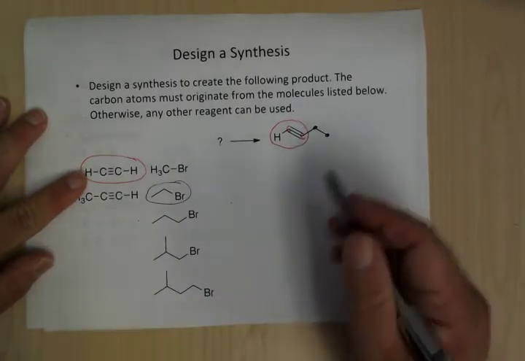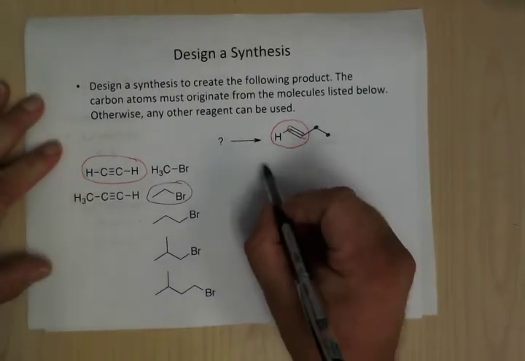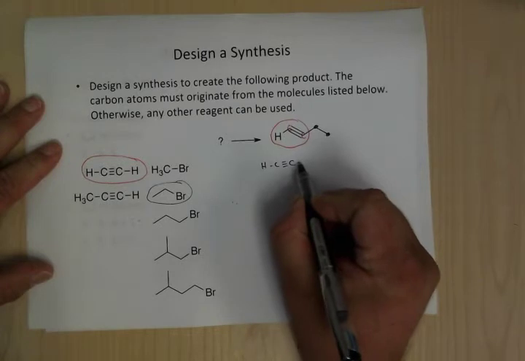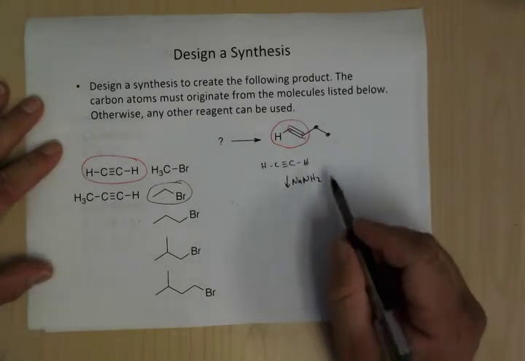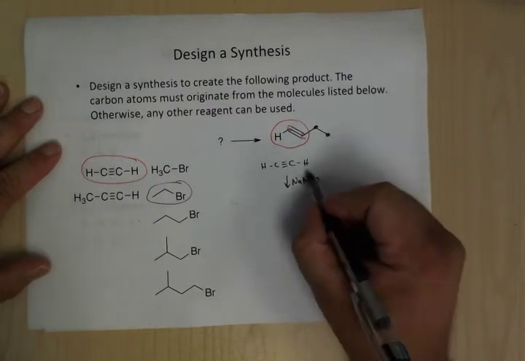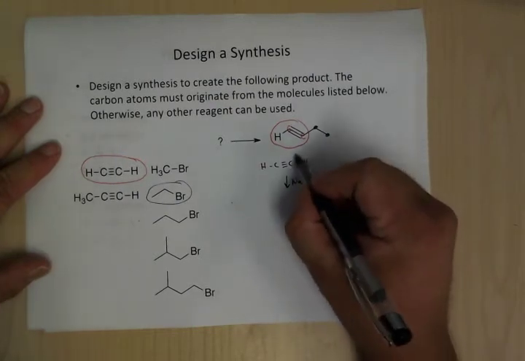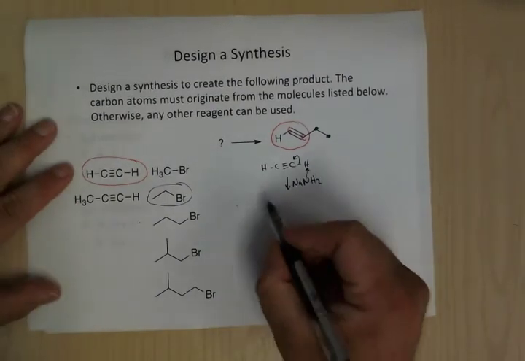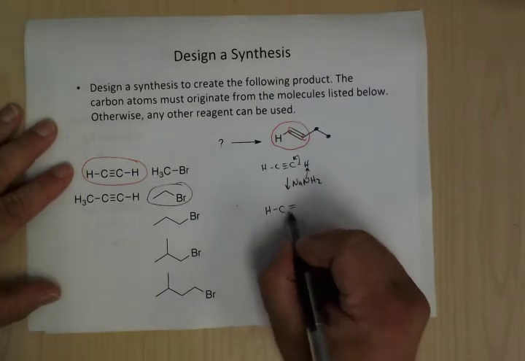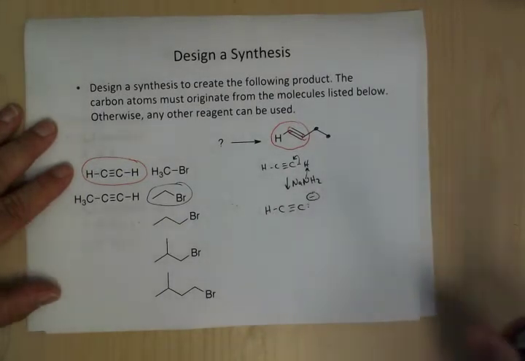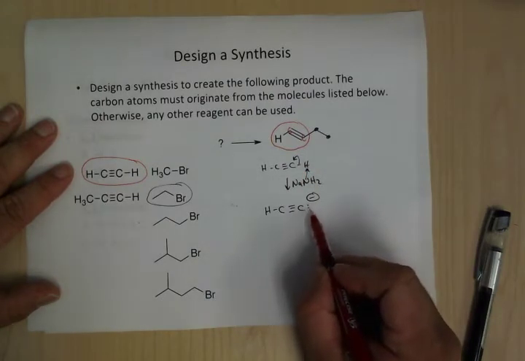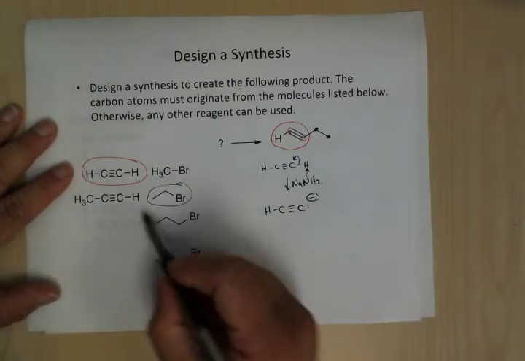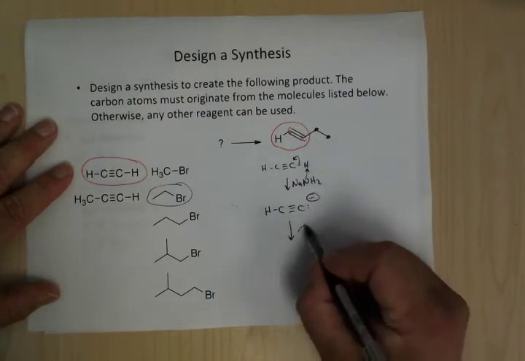And so how do we know how to make carbon-carbon bonds? Well, we start off with your alkyne and add sodium amide. That's going to rip this hydrogen away, and those electrons are going to go here. It's just a normal acid-base reaction, and so you'd end up with that. So these 2 electrons here become this lone pair here. Then you're going to dump in the ethyl bromide there.